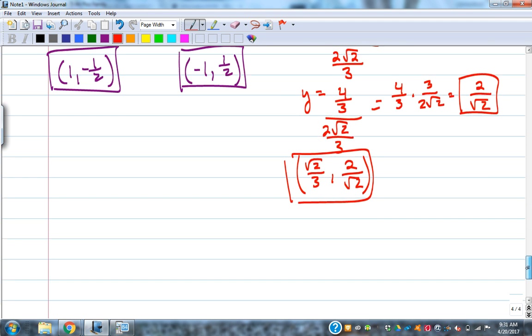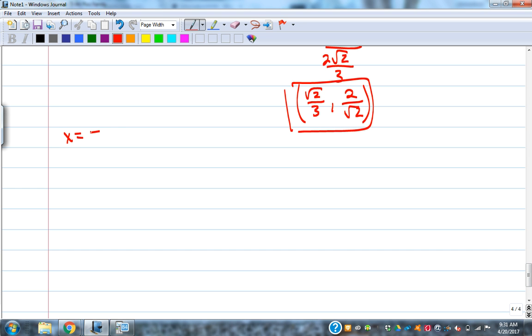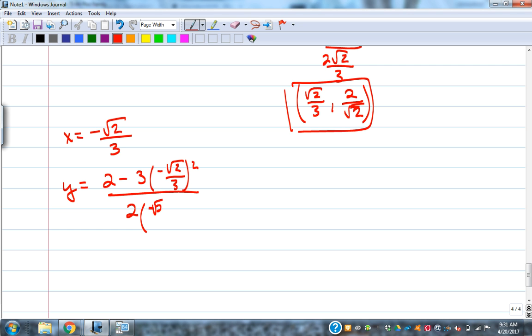And then I'm gonna go down here and do the other one. And this is all C, right? This is all that example, yeah. Two over radical 2, that is correct. Which is 2 minus square root of 2 over 3 again.